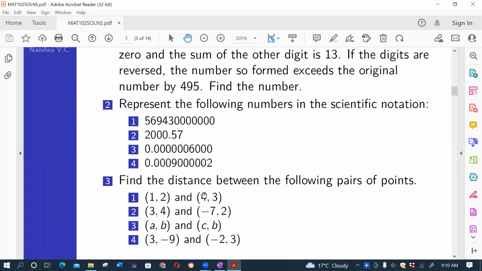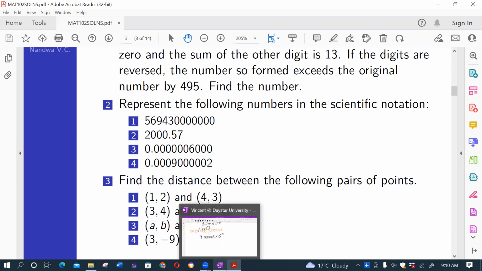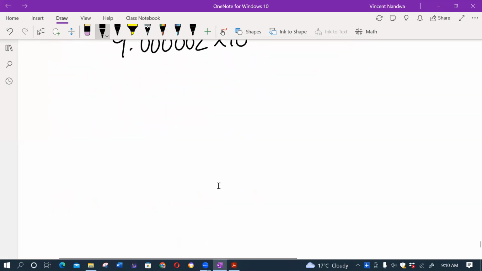Find the distance between the following pairs of points. The first pair, 1, 2 and 4, 3.